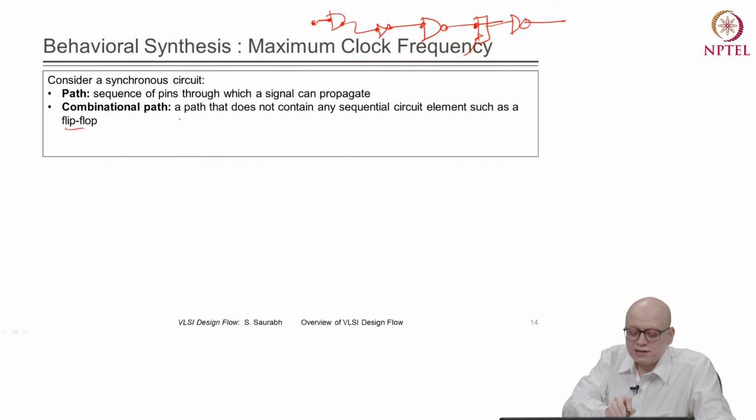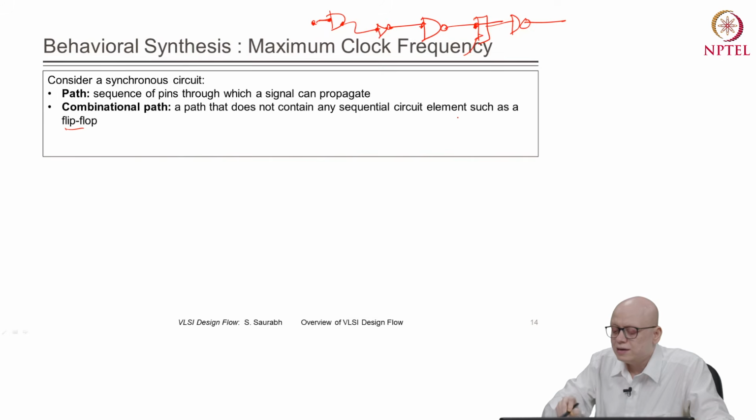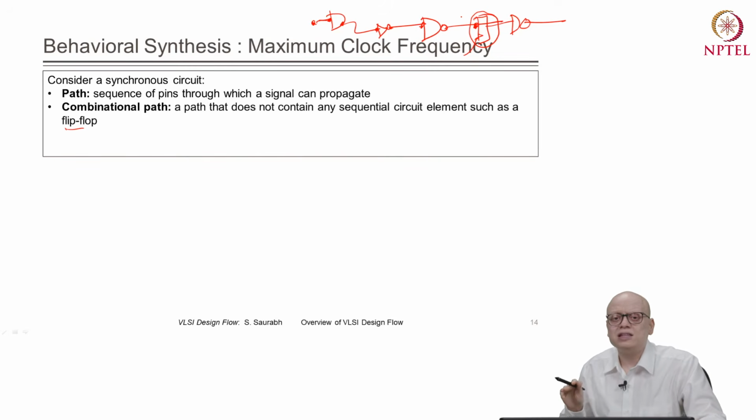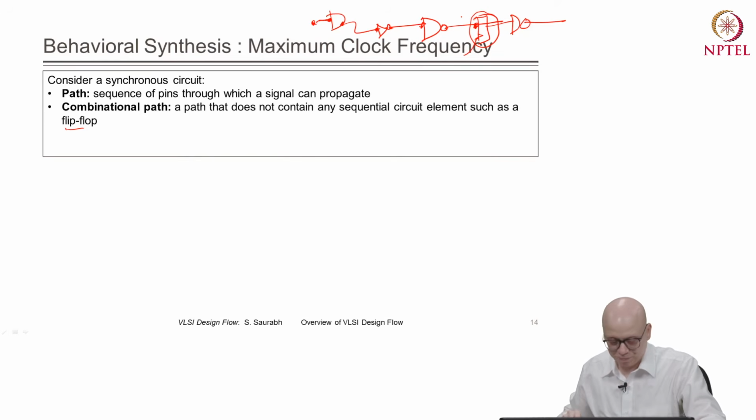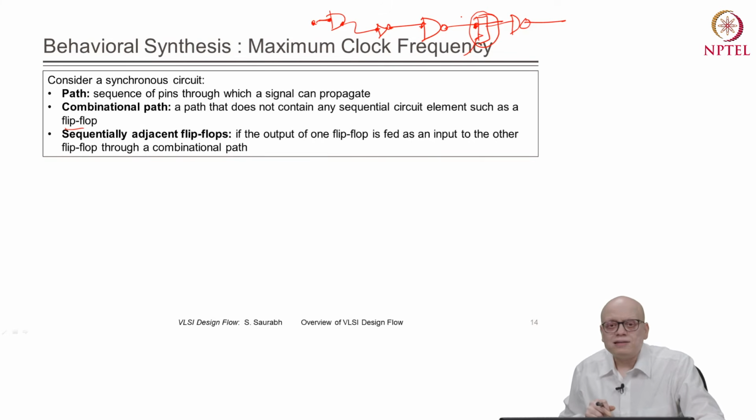So a combinational path is a path that does not contain any sequential circuit element such as a flip-flop. Flip-flops, latches, or any other sequential circuit elements cannot be in a combinational path, meaning that only combinational circuit elements, for example AND gates, OR gates, and similar elements, exist in the path, and then we say that it is a combinational path. Then there is the concept of sequentially adjacent flip-flops.